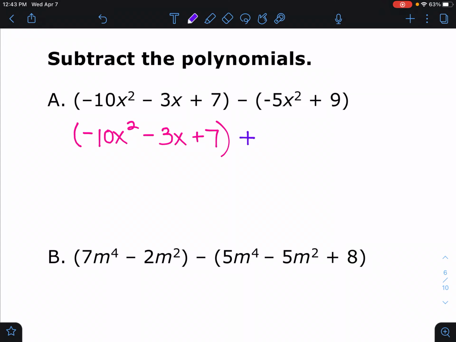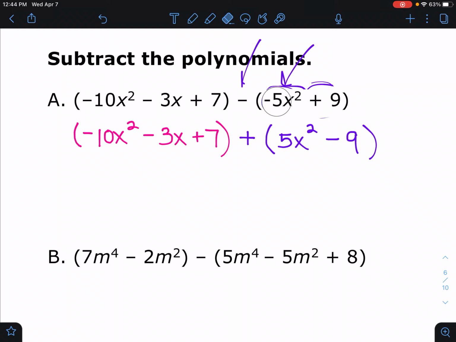In order to make that legal, we're going to add the opposite. So you're going to change the sign. Not only did you change this from a subtraction to an addition, the only way we can do that is if we change the sign on everything here. So that's the opposite. This would become positive 5x squared, and this would become negative 9. So everything in purple, I've changed the signs on.